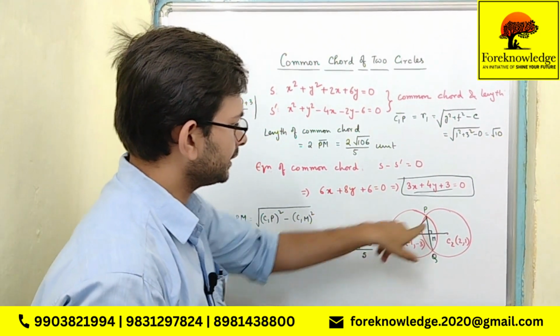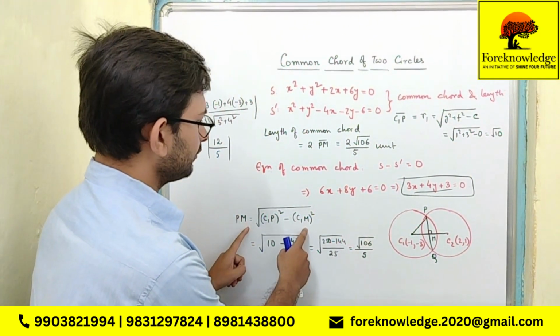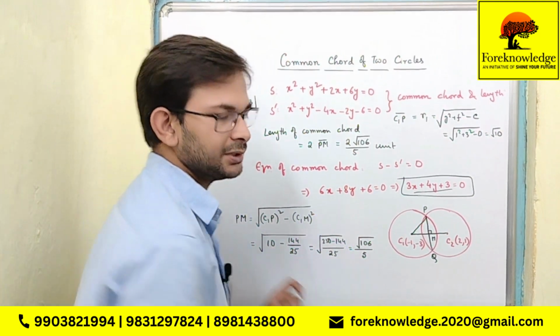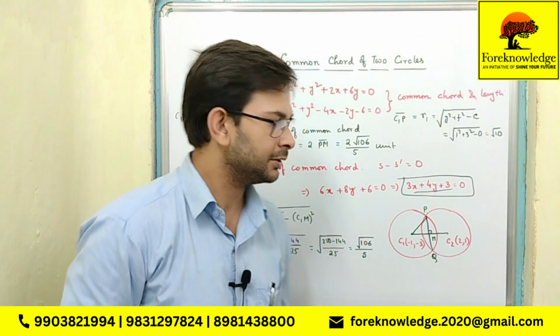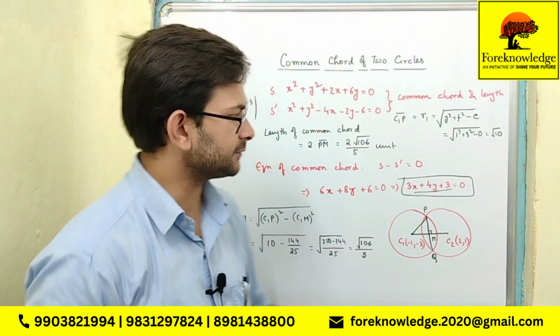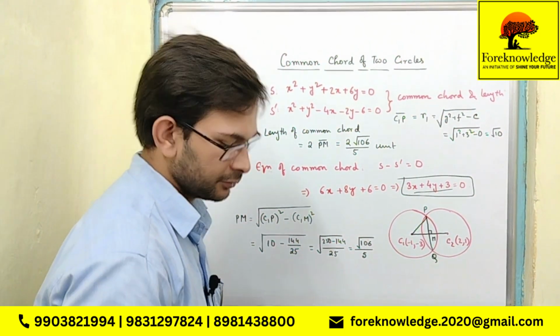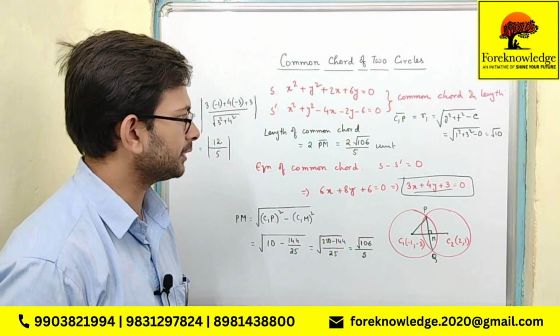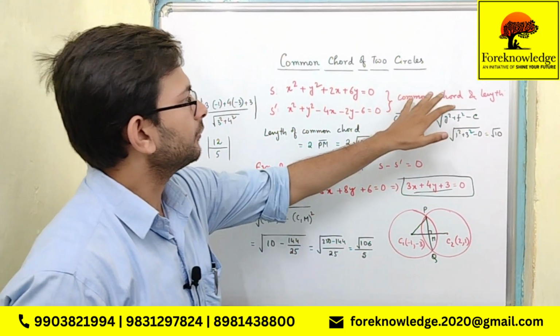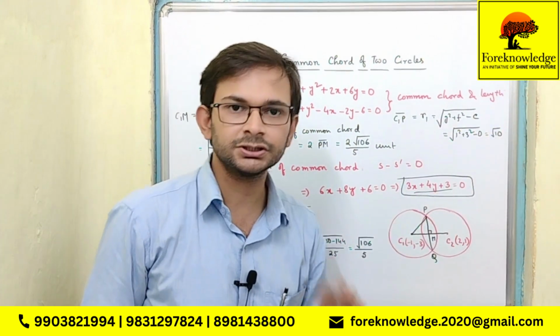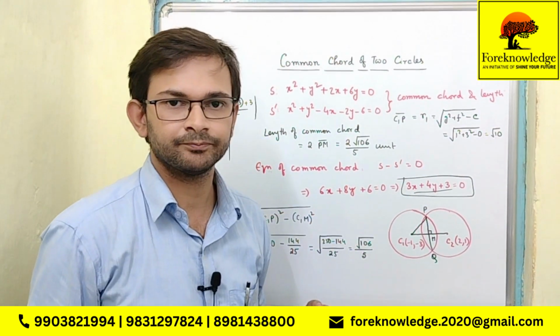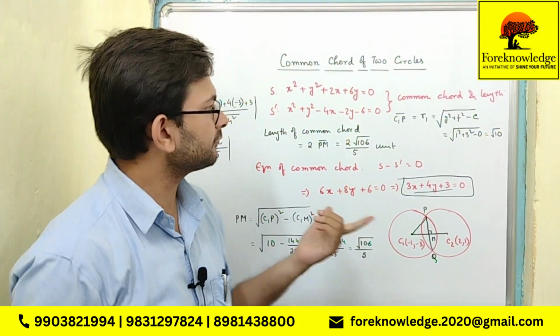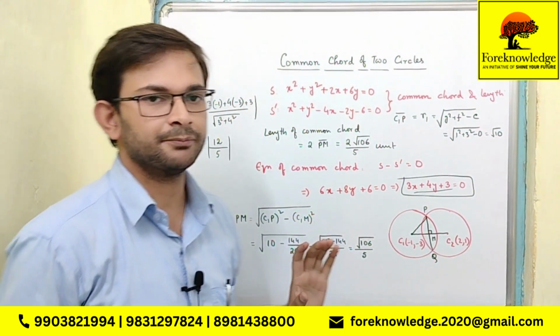We applied it, we get C1M, and we calculated the value of PM. PM is root under 106 by 5, so the length of the common chord will be 2 into root under 106 by 5. So this is how we find the equation of the common chord and its length. The equation of the common chord is simple, just subtract these two.